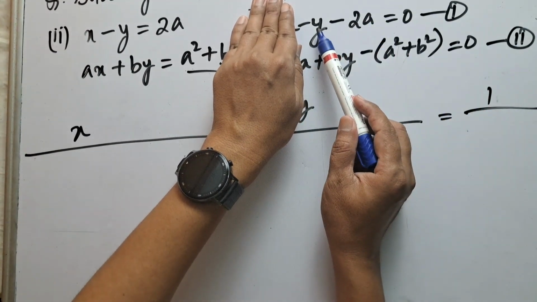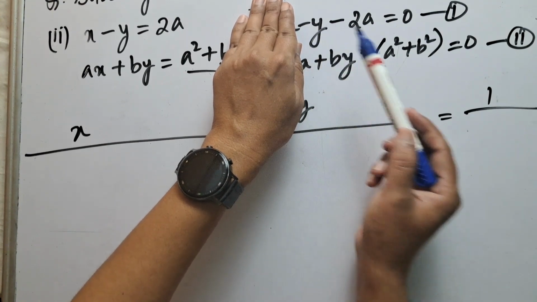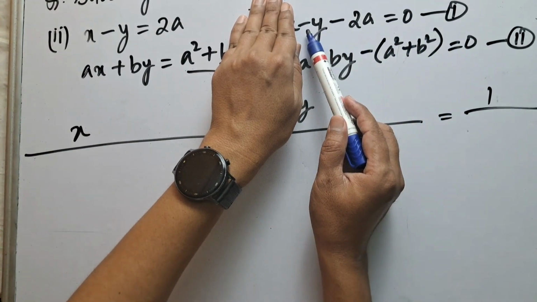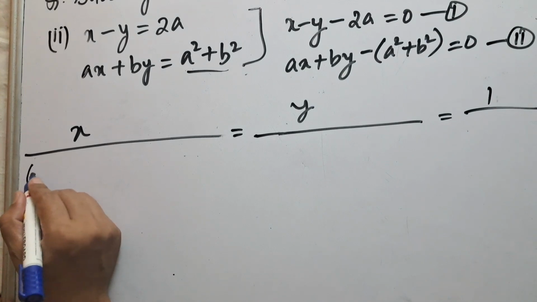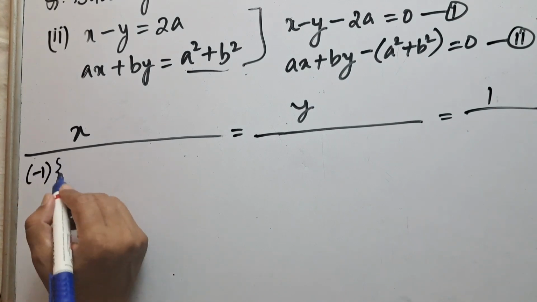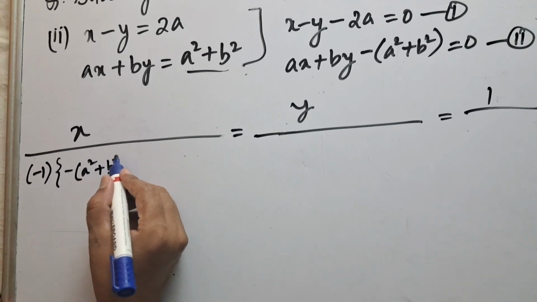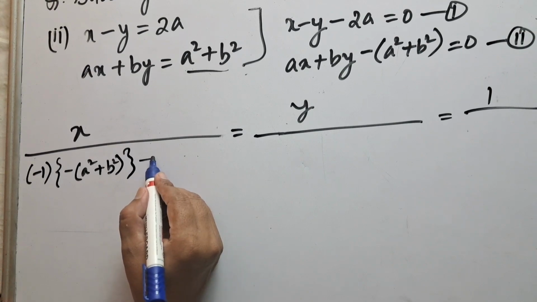Okay, here we can see the coefficient of y is minus 1, isn't it? Minus 1 into minus this constant number a square plus b square. So minus 1 into minus a square plus b square. Okay, then comes minus sign from the formula.